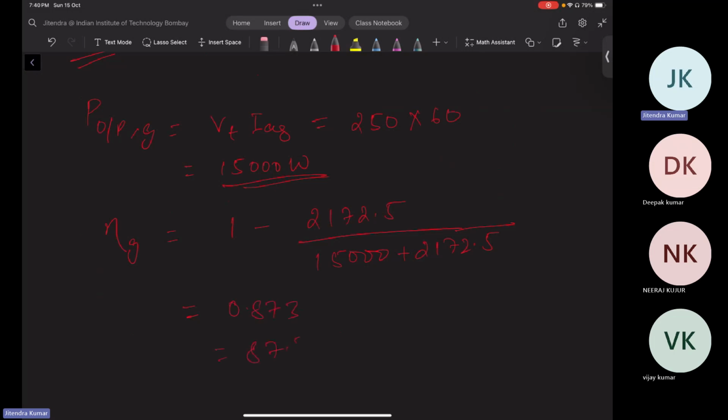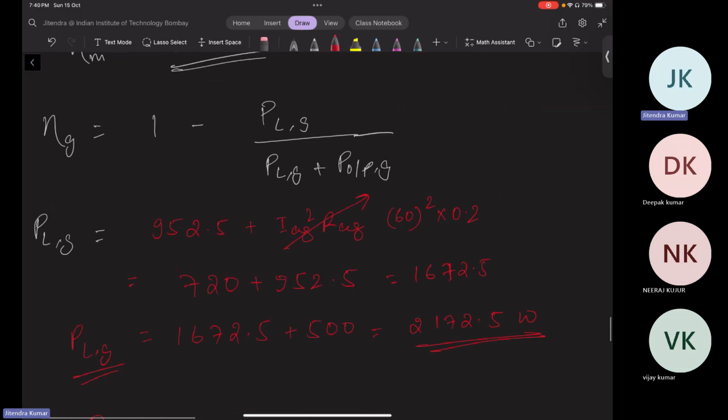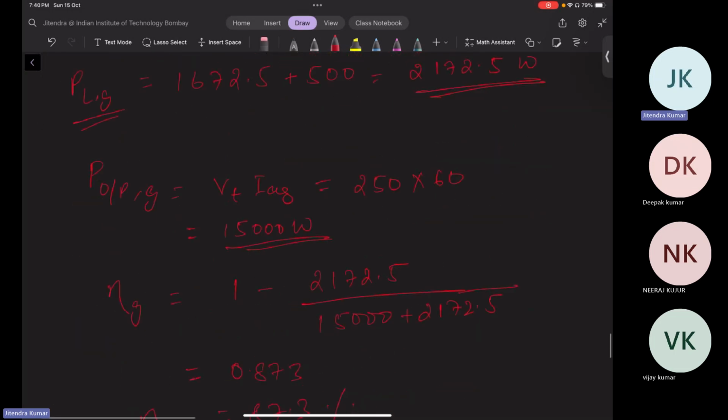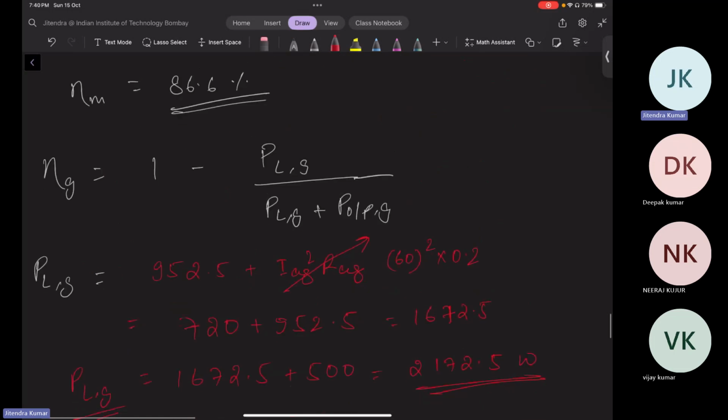So it will be 87.3%. So efficiency of generator is 87.3% and efficiency of the motor is 86.6%. So pretty close values, right? And in some cases they are almost equal if you ignore certain things.